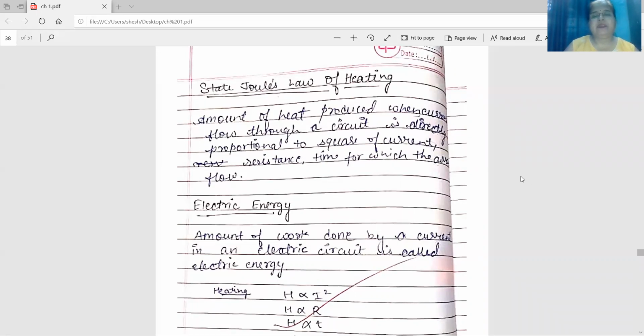I am repeating again, the amount of heat produced when current flows through a circuit is directly proportional to the square of current, resistance, and the time for which the current flows. Mathematically, you can write it like this.